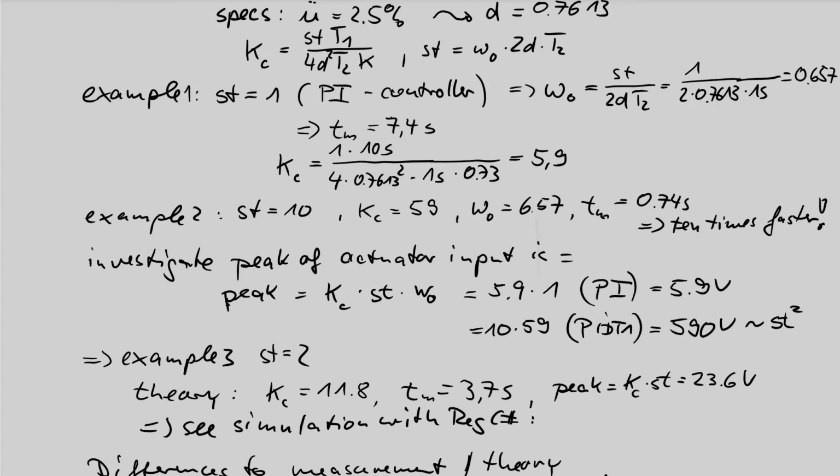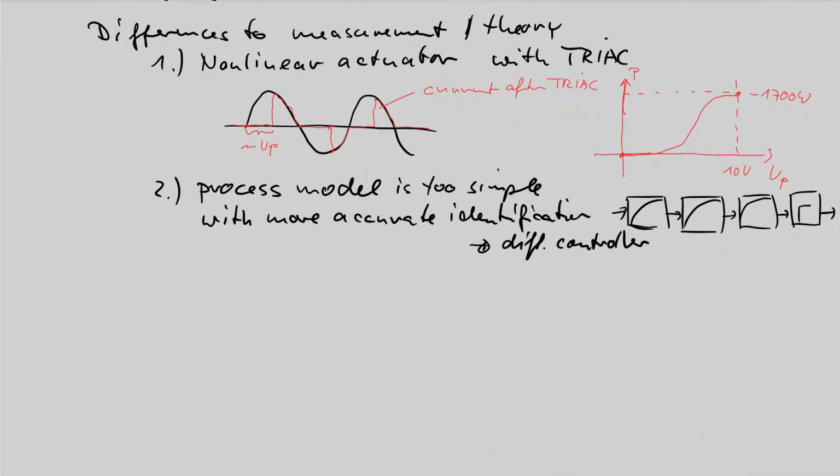So wait for the lab measurement of our speed control system, then this fits much better together. Okay, so far this is the closing of my chapter 3.8 temperature control system.